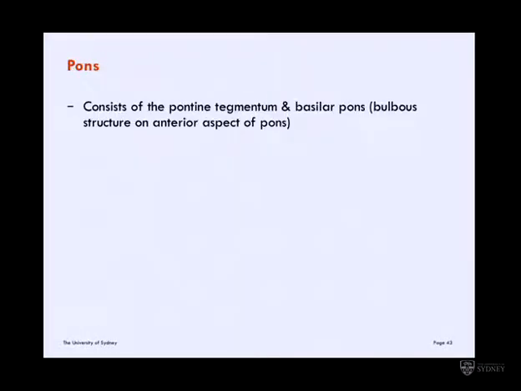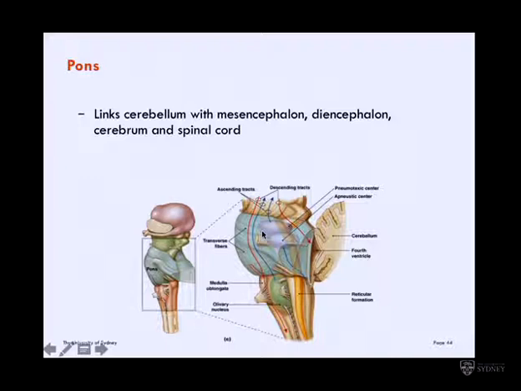The pons is a large bulb-like structure that you see on the ventral aspect. It consists of a pontine tegmentum and the basilar pons. The basilar pons is that bulb-like structure that you actually see. Okay, this little bit here.